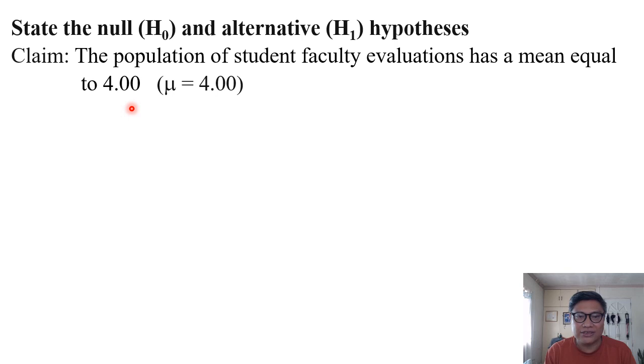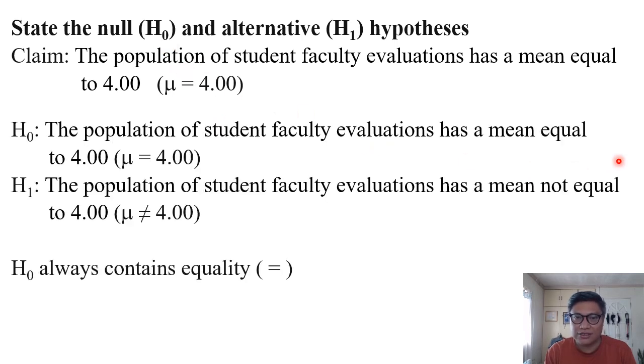Now, because the given claim has an idea of equality, or it has a condition that it is equal, then any statement with equality is actually the null hypothesis. That's always the case. Therefore, the null hypothesis would be the population of student faculty evaluations has a mean equal to 4.00.